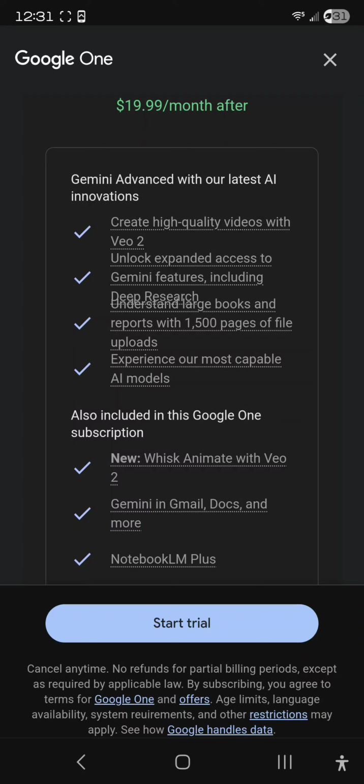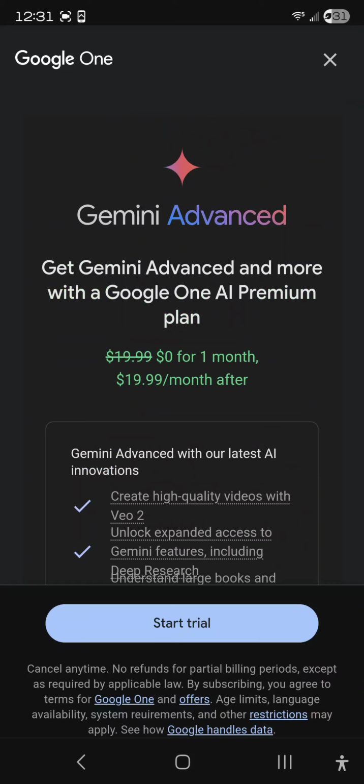So I hope this helps you understand AI usage limits and pricing for the advanced.